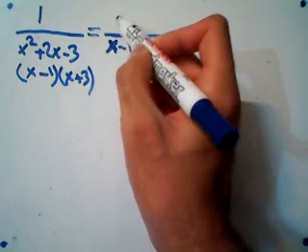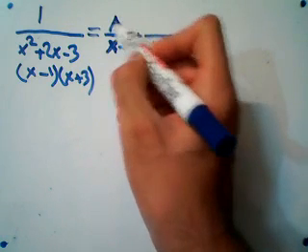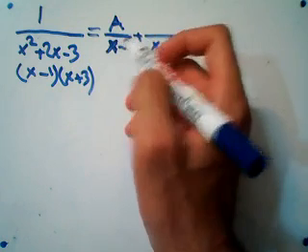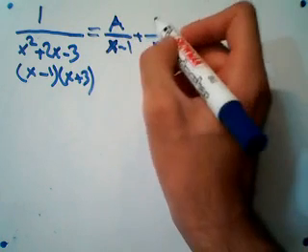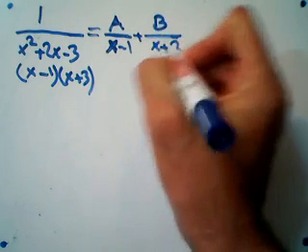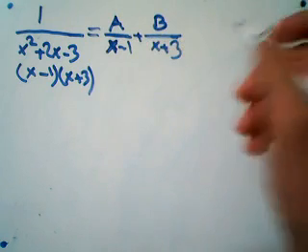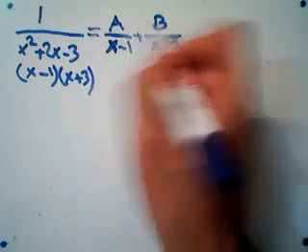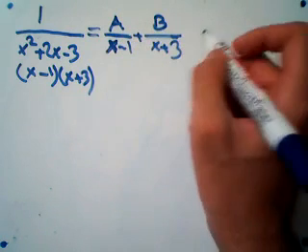So this should be a number. The degree of that is 1, and this should be a number. This also should be a number. The degree of this is 1 also. So how to find a and b?